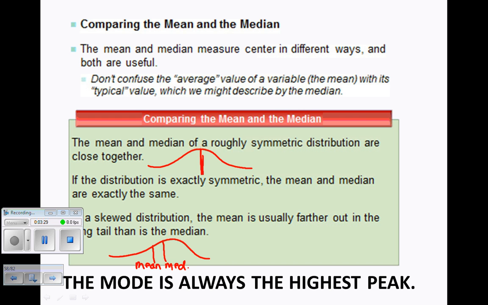Think about it like all these data pulling the mean a lot more than the median. And if it's skewed right, the mean gets pulled farther again toward that skew. And again, the mode is always that highest peak.